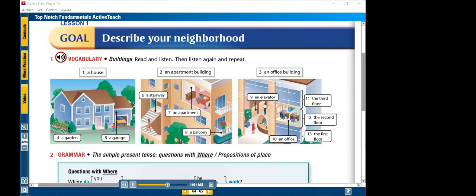An office. An elevator. The third floor. The second floor. The first floor.